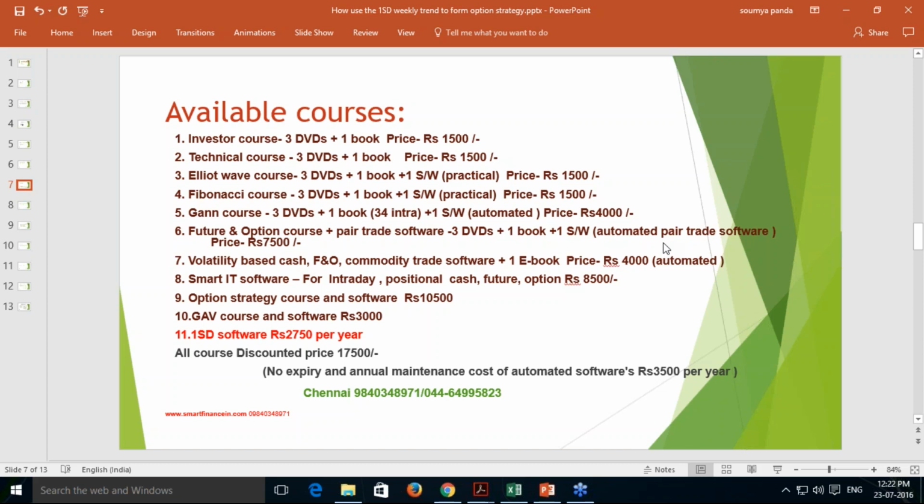Some say that I trade in options. What skill do you have in options, if I ask? Do you understand what is intrinsic value, what is time value, how the Greeks behave, which Greeks are important for our study, and when I take the trade, which Greek I should consider, whether I should take delta neutral, theta neutral or vega neutral? These are the questions.